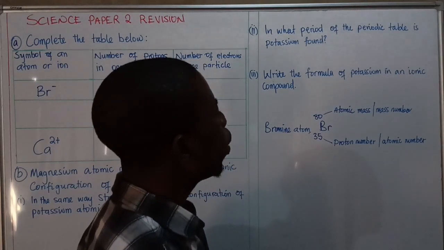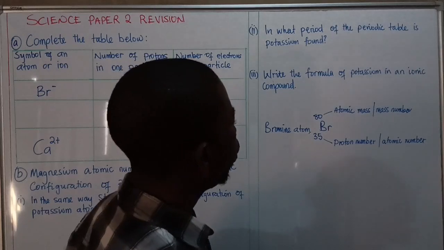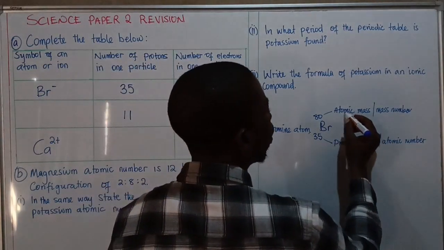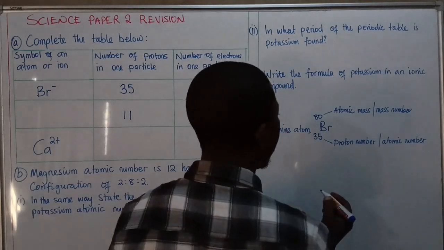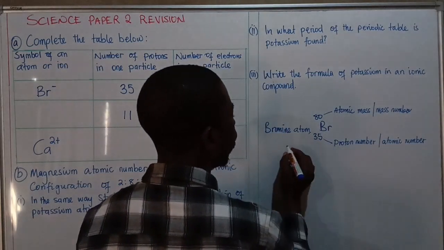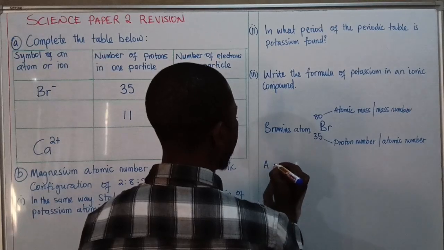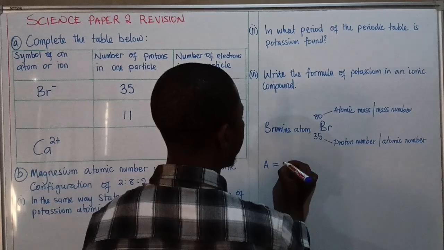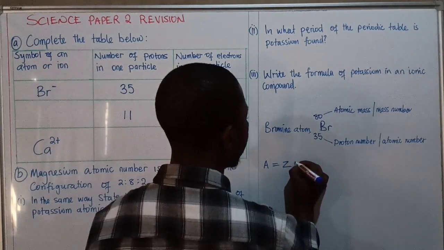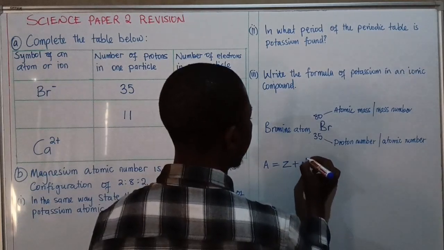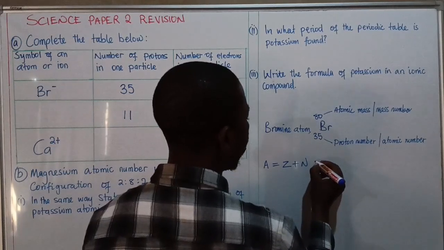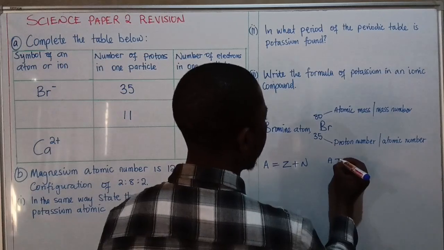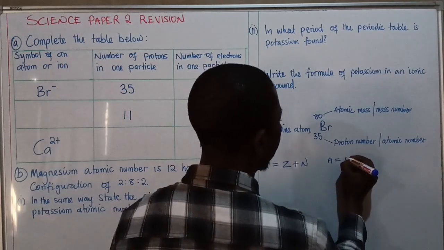So some more information which we need to know is that this same atomic mass or mass number can be found by this formula. A is equal to Z plus N. So usually this A stands for what? Atomic mass or mass number.